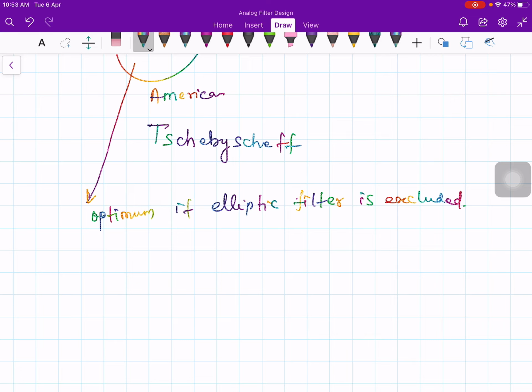If the elliptic filter is excluded, because elliptic filters are complicated to design, then Chebyshev low pass filter is almost always preferred. Therefore, the Chebyshev filter is the optimum if we exclude elliptic. But if we include elliptic, then this elliptic filter is the optimum filter.